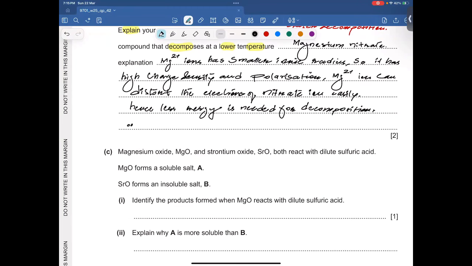Therefore, decomposition occurs at low temperature. Okay.